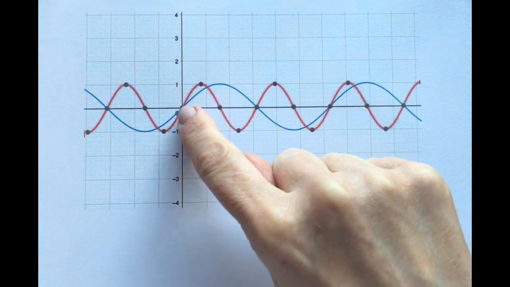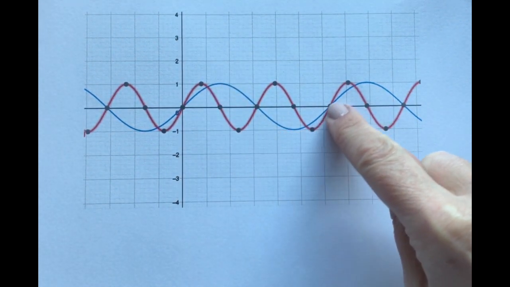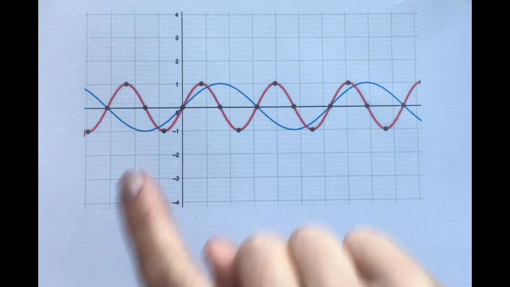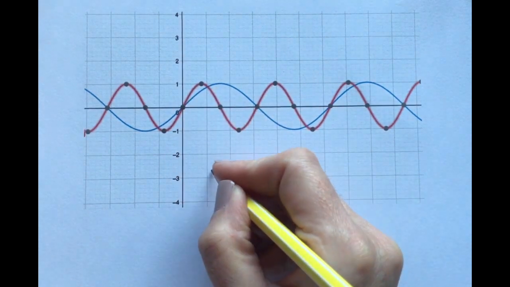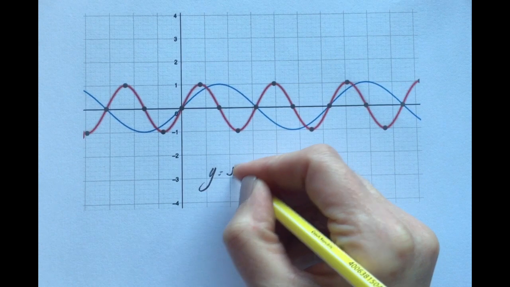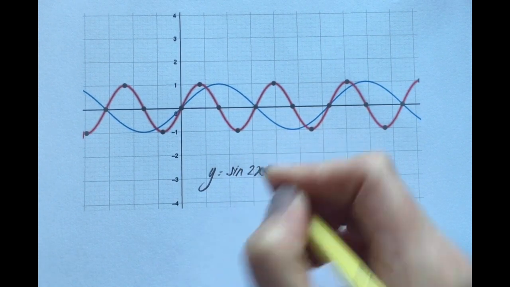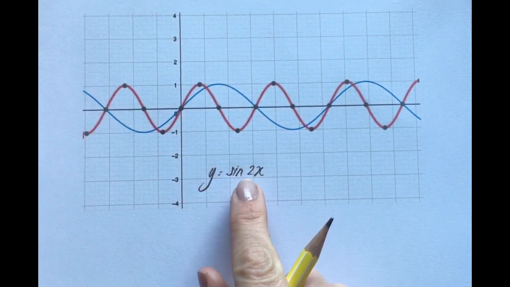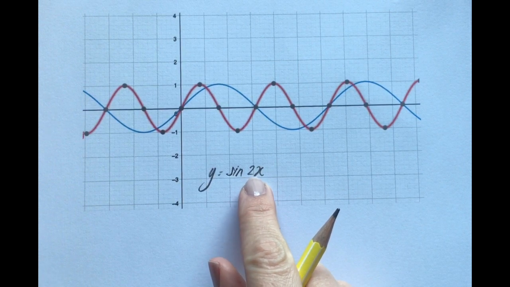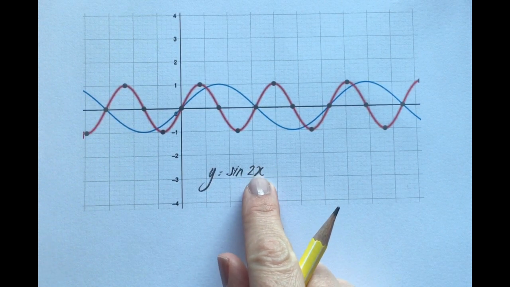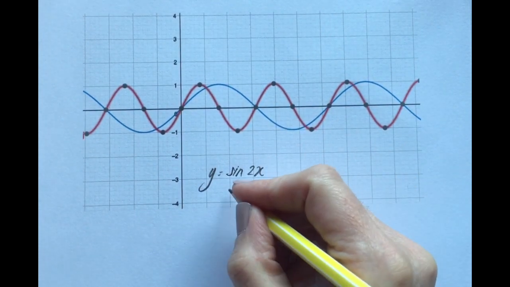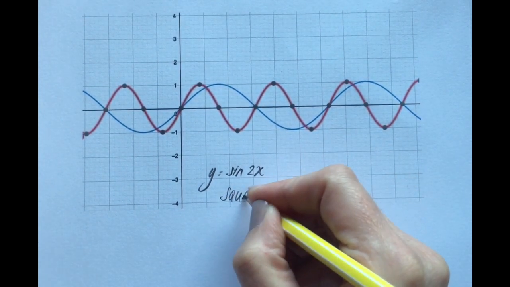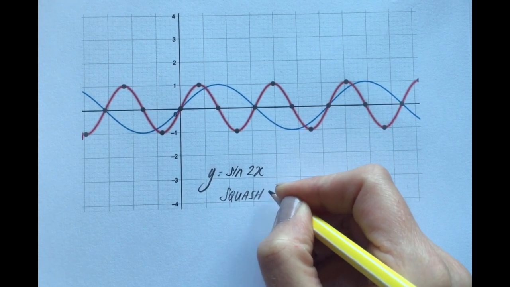Okay, so this is another transformation on the sine x curve. There's the sine x curve again in blue, our original. And what we have in red here now is the graph y equals sine 2x, where the 2 is by the x, and therefore it's affecting the angle. The effect that it has on the graph is that the original graph is squashed, if you like.